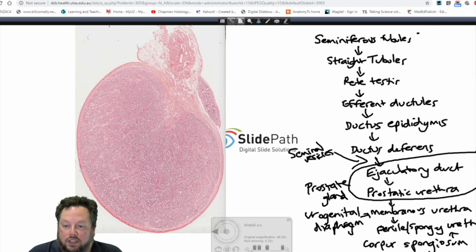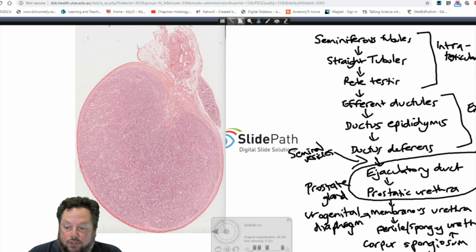So of these ducts, these are the intratesticular ducts. And then these are all considered the extra-testicular ducts, outside of the testis. So these would also be considered part of the extra-testicular ducts.